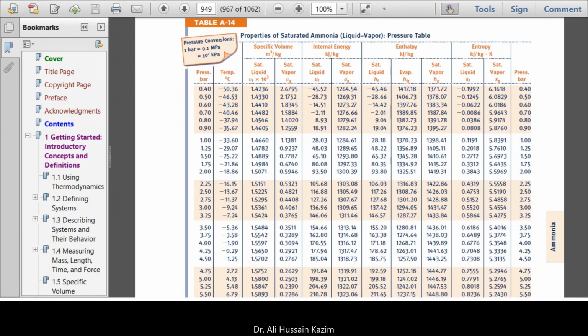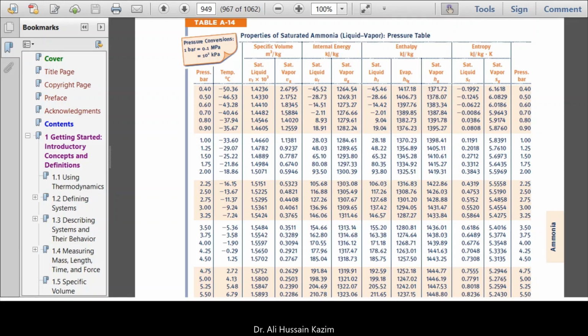At 3, we know the temperature, which equals TC, obtained from table A1, and we know the pressure is 30 bar. So from the superheated table, we can obtain the specific volume at 3, which is 0.0948 meter cube per kg.